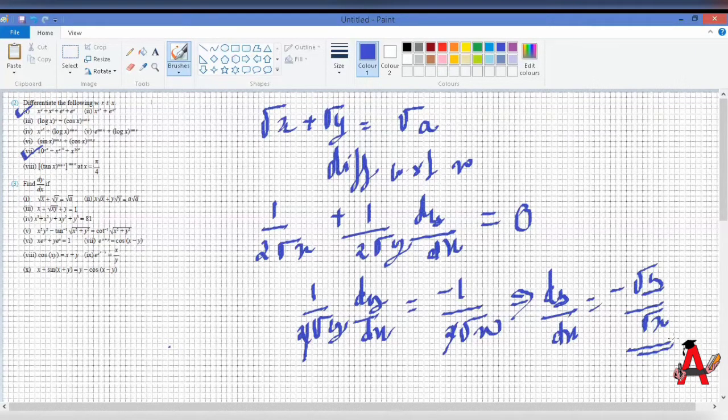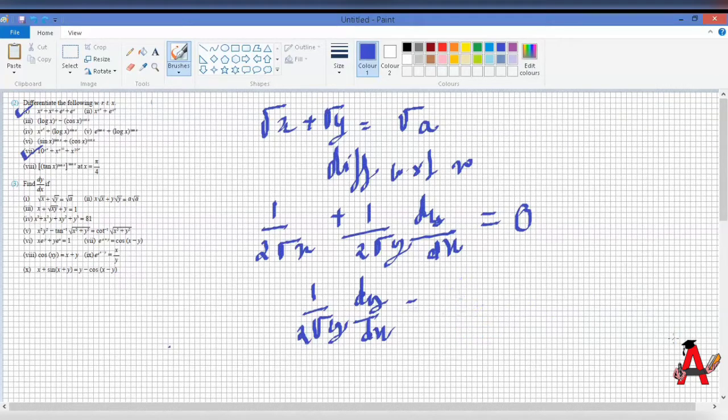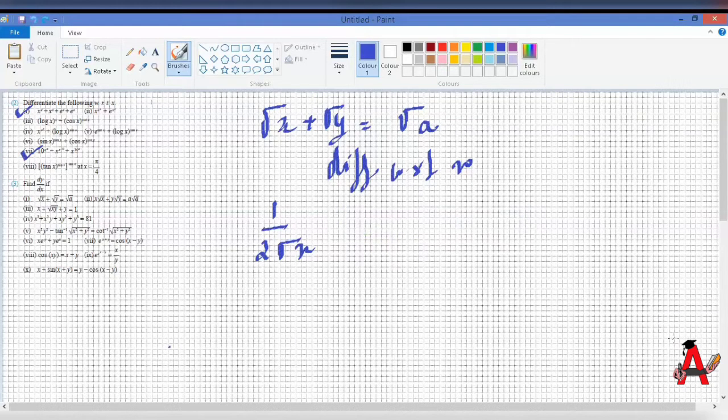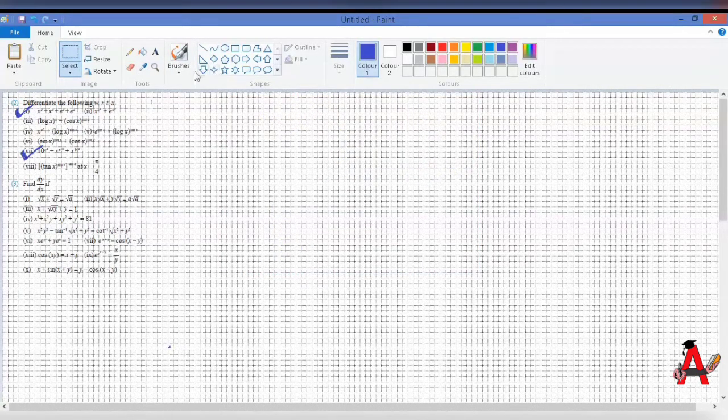Same way you can do the second question, and the only difference is you will have to apply a little bit of mind where there is u into v. So for example, for the third and fourth questions, you will have to put in a little bit of thought. Let me try and do one of those questions. I will do question number four.